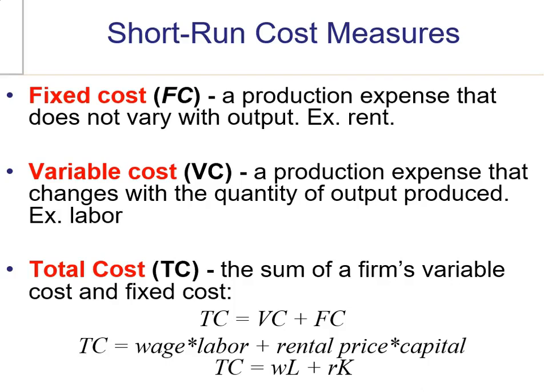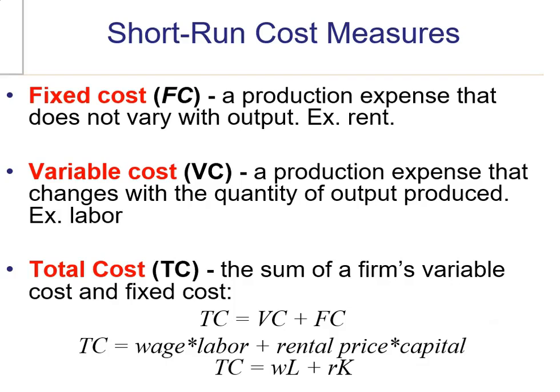Variable costs, on the other hand, are a production cost that will change as you increase your output. For example, the number of workers you have. As you have more workers, you have more output, you have now more variable cost. If you add your fixed cost and your variable cost, you will get your total cost.